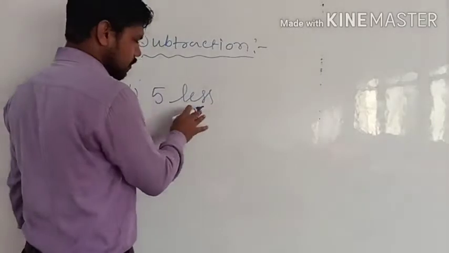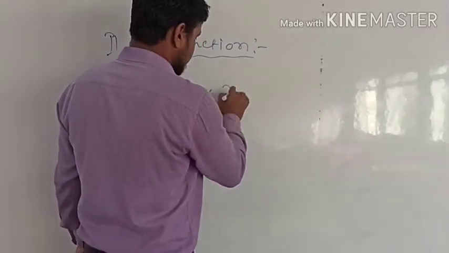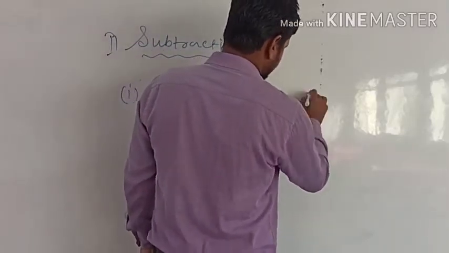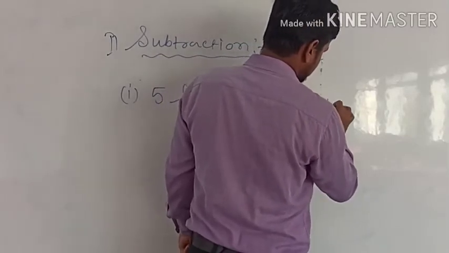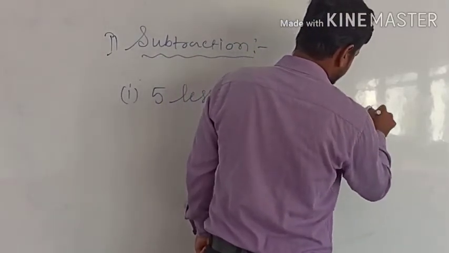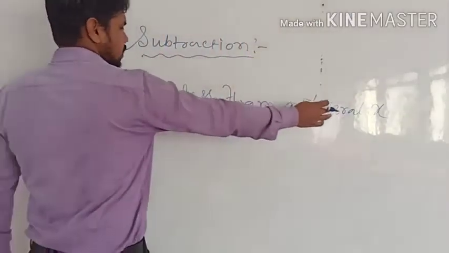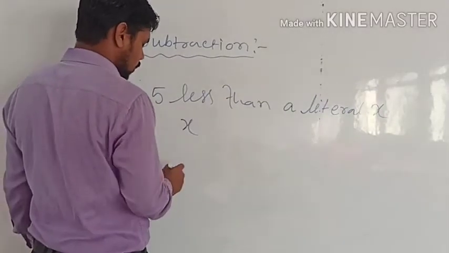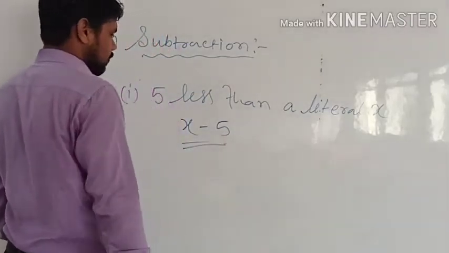Instead of more it will be less because this is subtraction. So 5 less than a literal x means from this x you have to subtract 5. So the operation will be x minus 5.